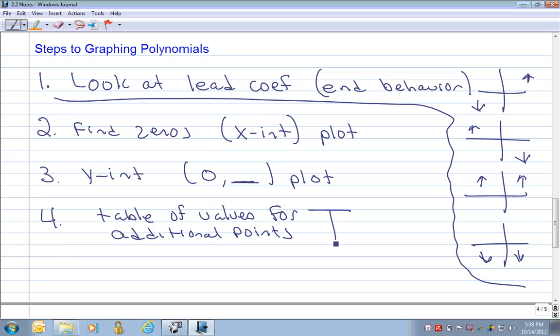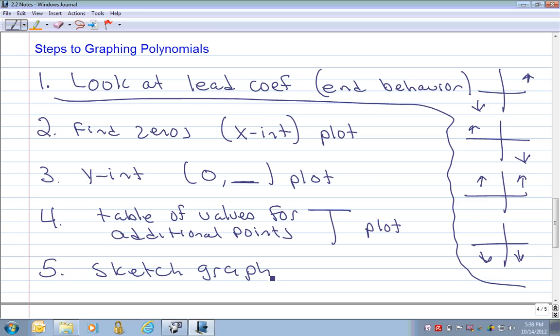Okay, so you just make one of those little T-tables to find additional points, and you're going to plot those points. And then finally, you'll sketch your graph. Like I said, it'll be a little more complicated as time goes on, but for now, that's your basic plan, and that's what will help you through your classwork tomorrow.